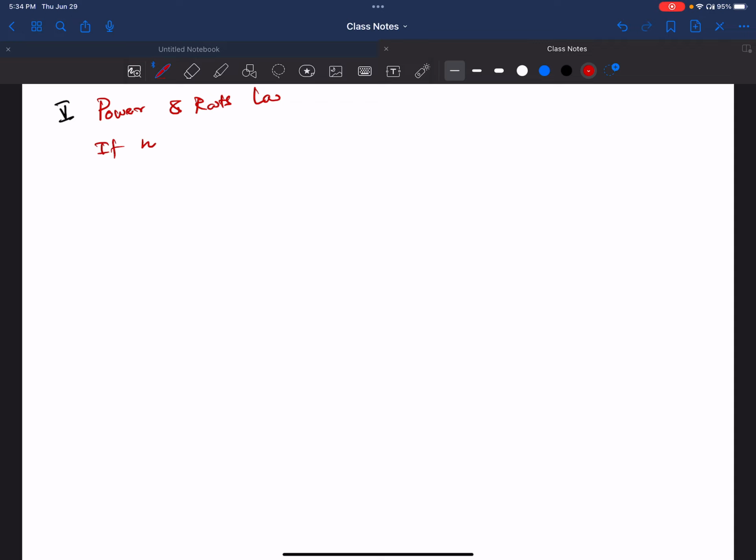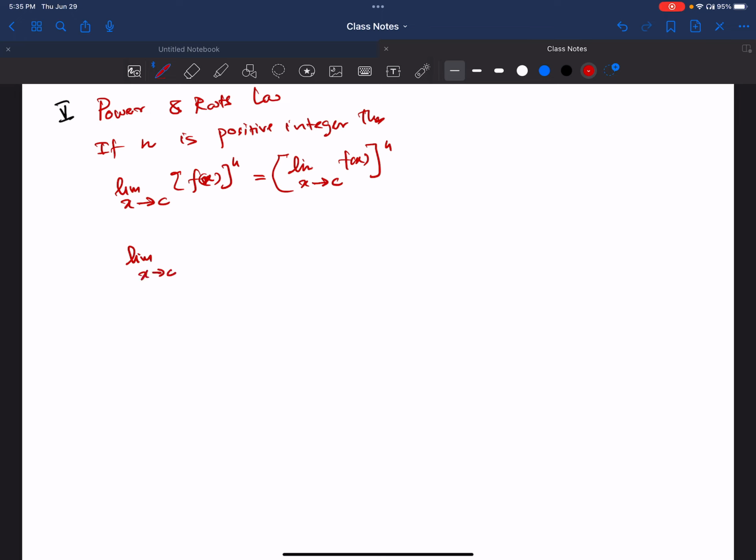If n is a positive integer, then the limit as x goes to c of f of x to the power n is equal to the limit as x goes to c of f of x, to the power n, and for the root, the limit as x goes to c of the nth root of f of x is equal to the nth root of the limit as x goes to c of f of x.